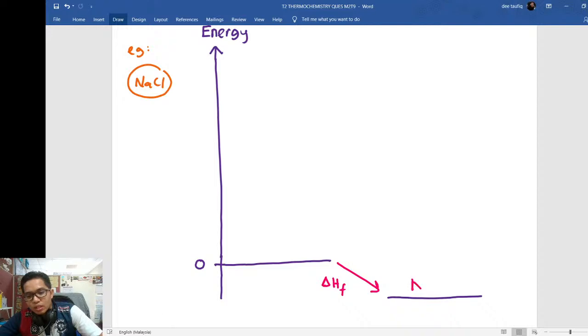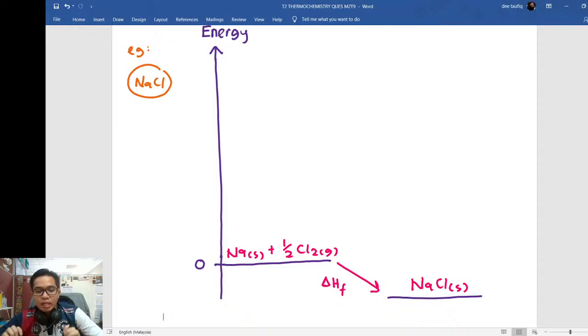So, definition, 1 mole of NaCl is produced from its elements. Element for Na is Na metal solid plus chlorine, so 1/2 of Cl2 gas. So this is the enthalpy of formation equation. Okay, element start dengan kosong.